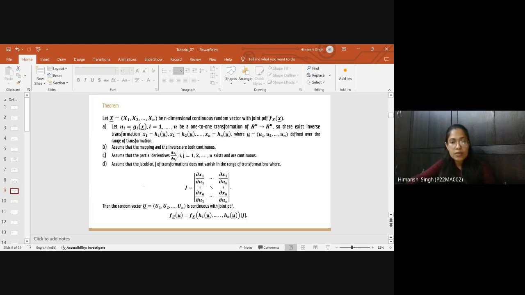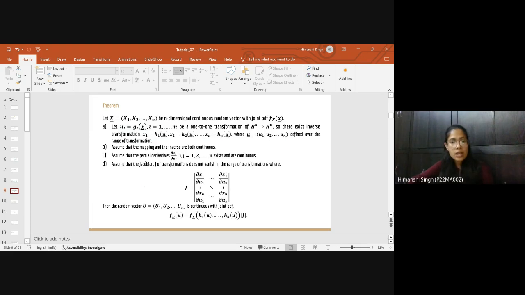Because it is a 1-1 transformation, an inverse transformation also exists. From the inverse transformation, I can get x1 to be h1 of u bar, x2 to be h2 of u bar, and xn to be hn of u bar, where u bar is u1, u2, ..., un, an n-dimensional vector defined over the range of the transformation. Basically, we are saying that this transformation is 1-1 so that I can get the inverses.